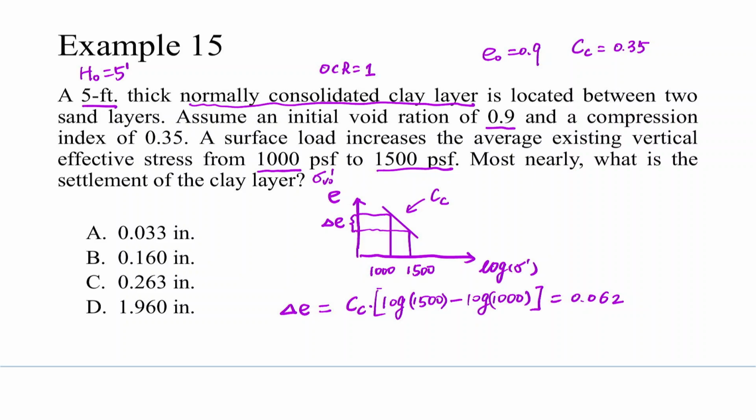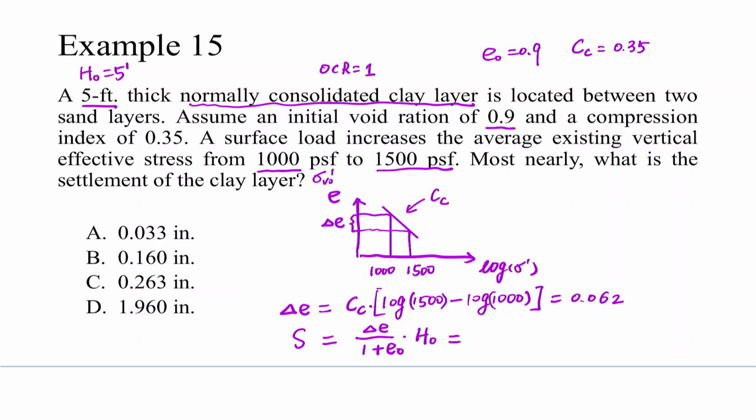So if you have the change in void ratio, you can calculate the settlement. I'm sure you can find this equation from the reference manual. That is the equation based on the change of the void ratio to calculate the settlement. This e naught here is the initial void ratio, this delta e is the change, and H naught is the thickness.